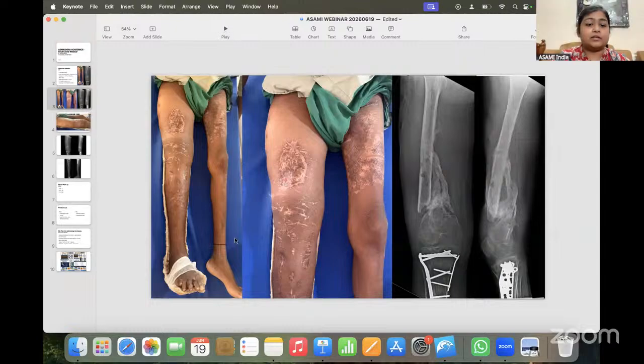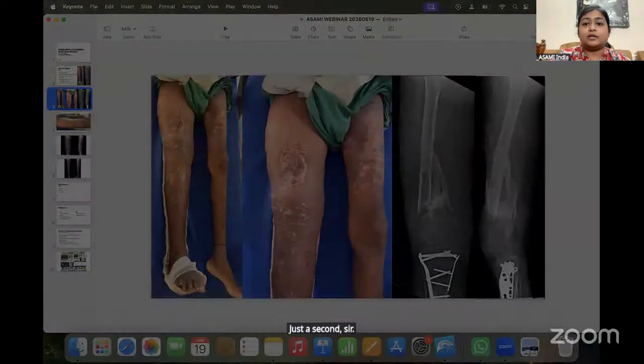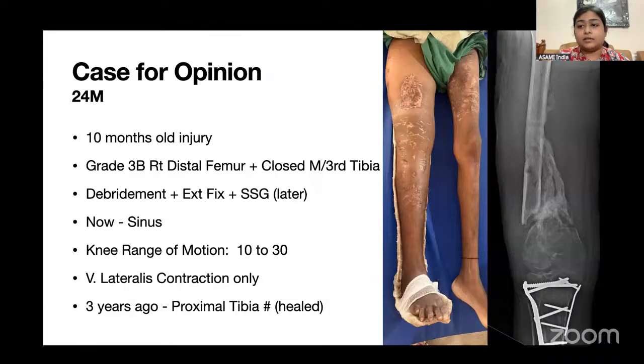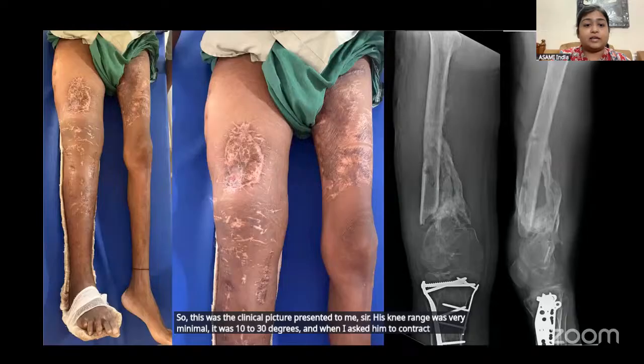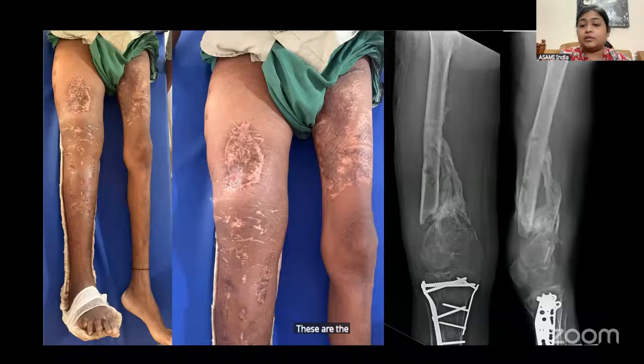This was the clinical picture presented to me, sir. His knee range was very minimal, 10 to 30 degrees. When I asked him to contract his quadriceps, I could only see contraction of the vastus on the lateral side. These are the clinical images, sir, with the x-rays on the side.